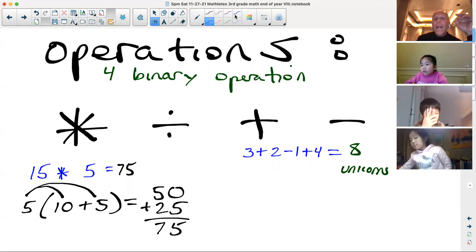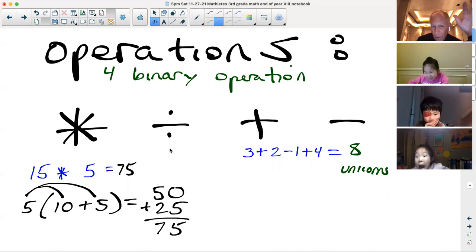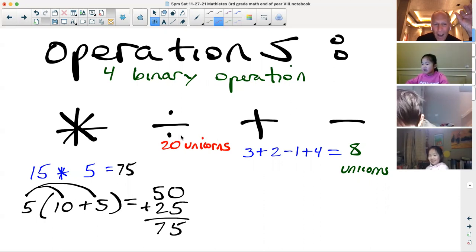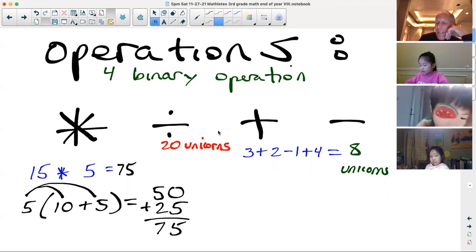Now, what if I had 20 unicorns? All right, now this is a true story. Mr. Kramer has 20 unicorns. Wait, what? Yep, only 20. No way. Now, believe it or not, every time I have a unicorn, I know that he takes up about 1 square foot per foot.